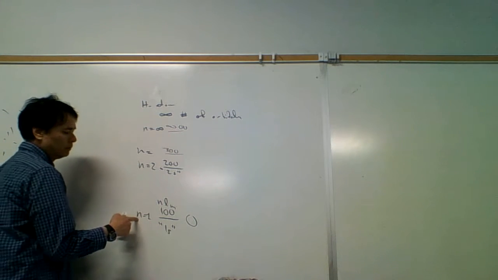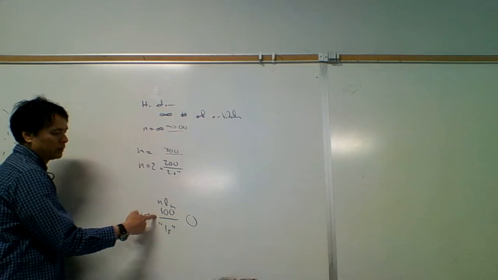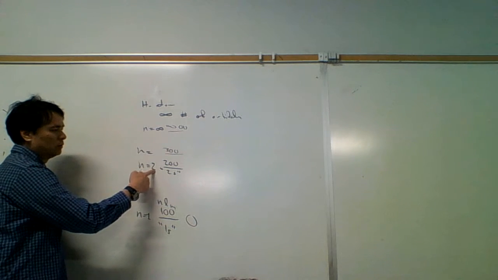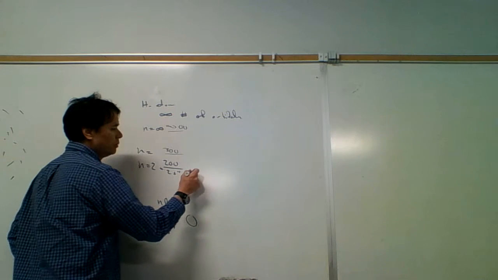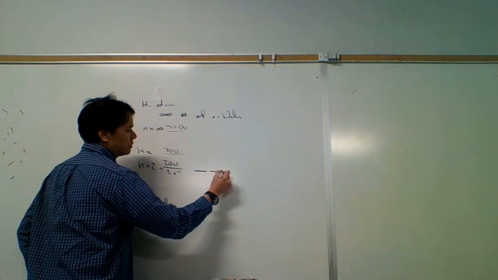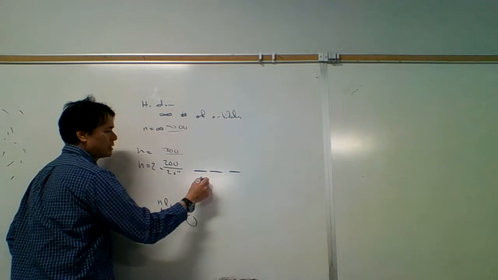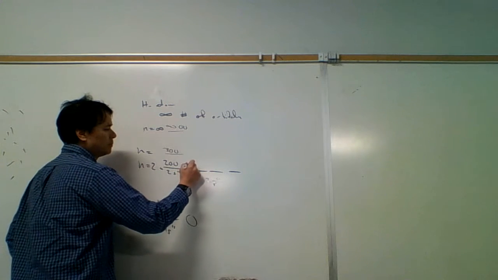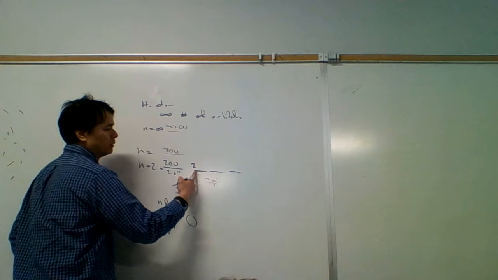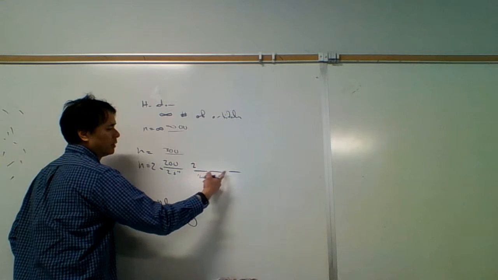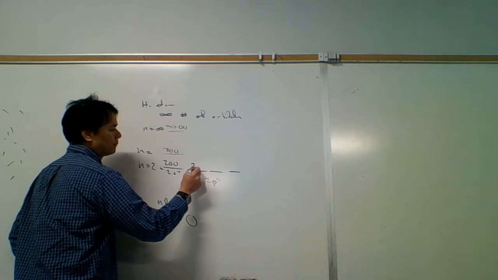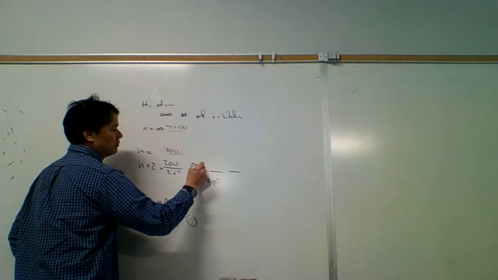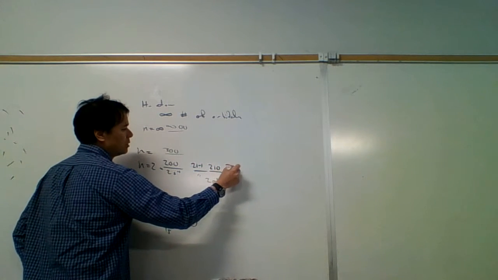When n equals 1, we only have one orbital allowed, but when n equals 2, we have two subshells, or two sublevels, the 2s and the 2p. The 2p sublevel is further divided into three orbitals: the 2, 1, negative 1, the 2, 1, 0, and the 2, 1, 1.